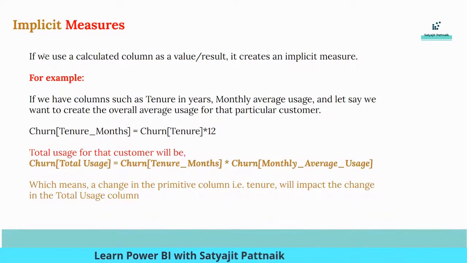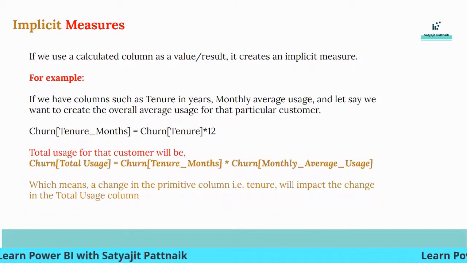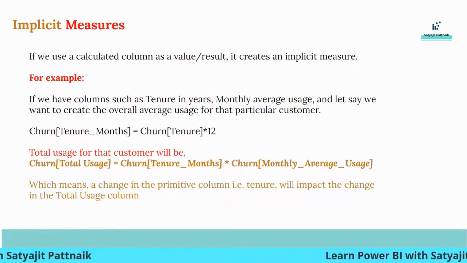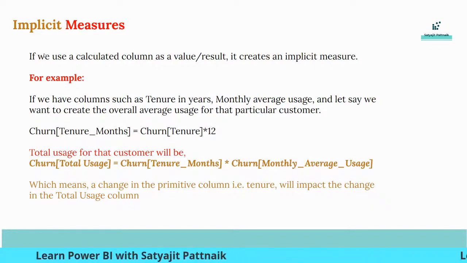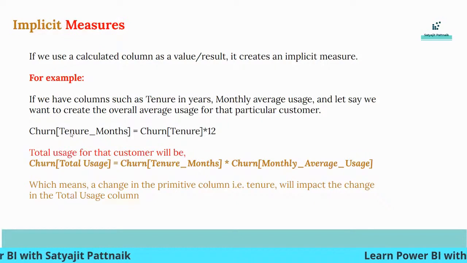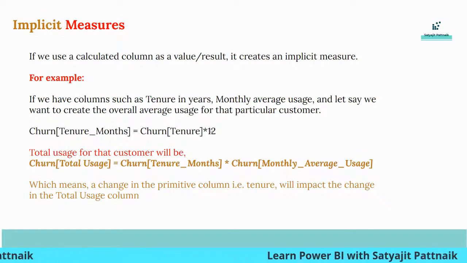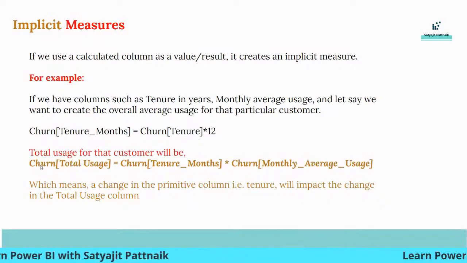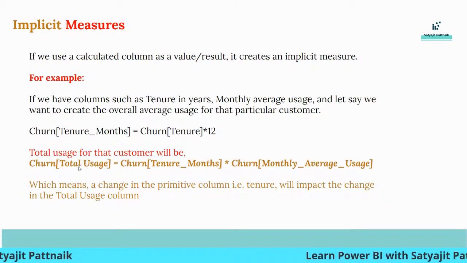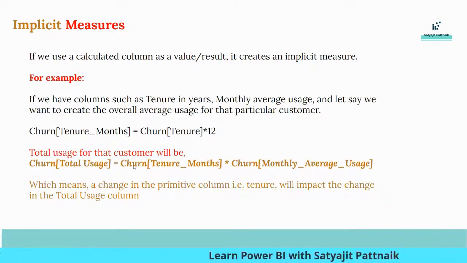For example, if we have columns such as tenure in years and monthly average usage, and we want to create the overall usage for that particular customer, which is simple. I just create a new column, tenure months, which is tenure times 12. It's just a mathematical operation. Total usage is, this is the table name, this is the column name, and it equals something times something.